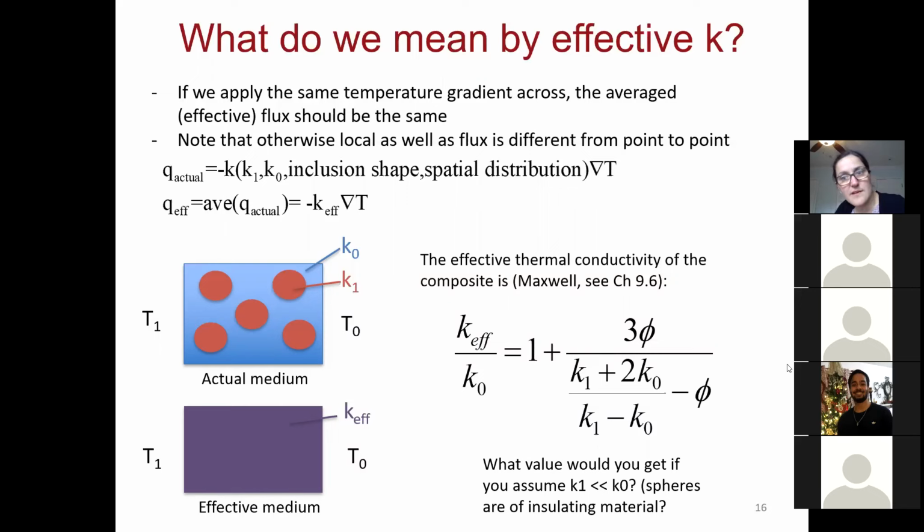Once these spherical inclusions start connecting, they can effectively transfer heat. If these were solid inclusions, the thermal conductivity of solids is much higher than that of fluids. So once they connect, this effective thermal conductivity will also jump in value. So this formula is not necessarily good unless I have disconnected inclusions.